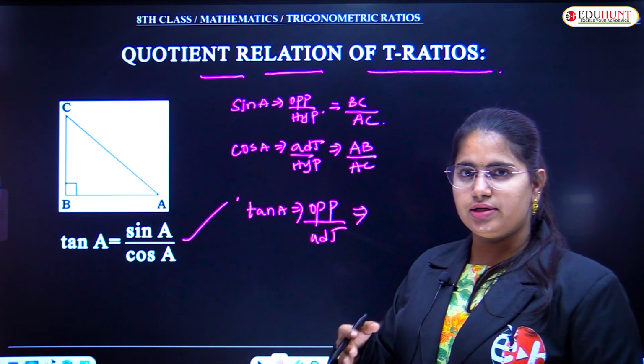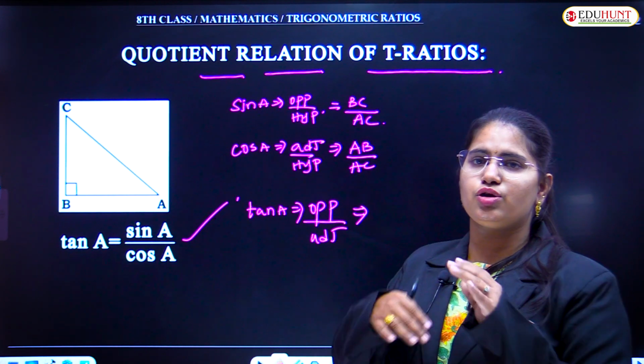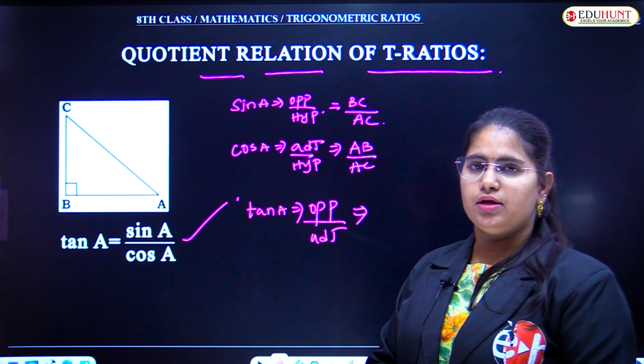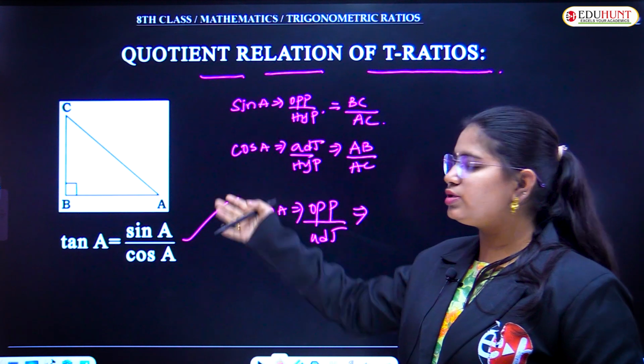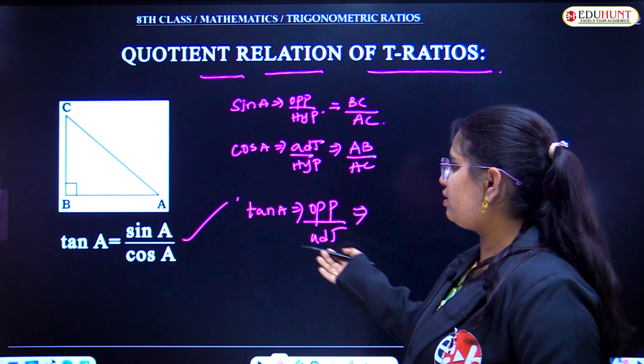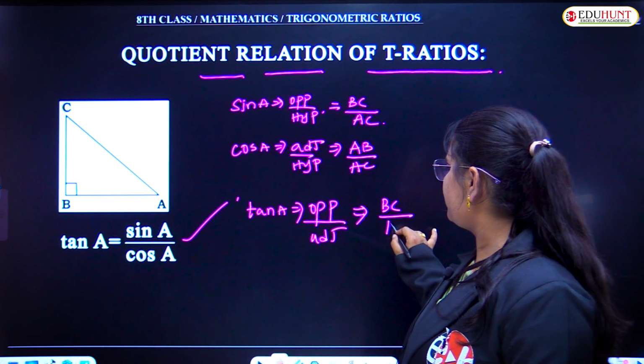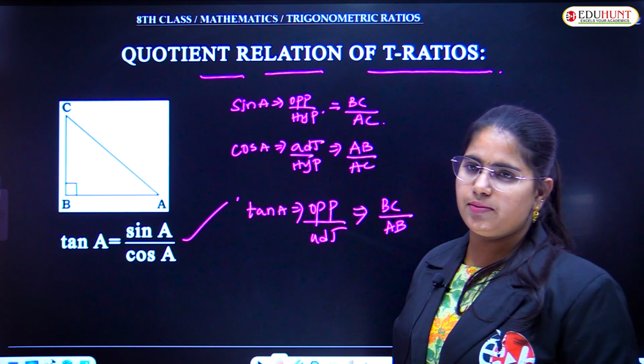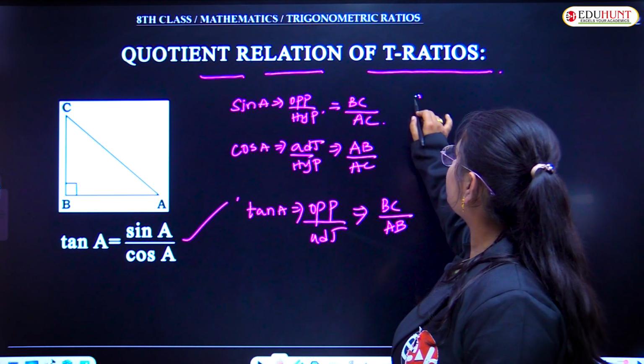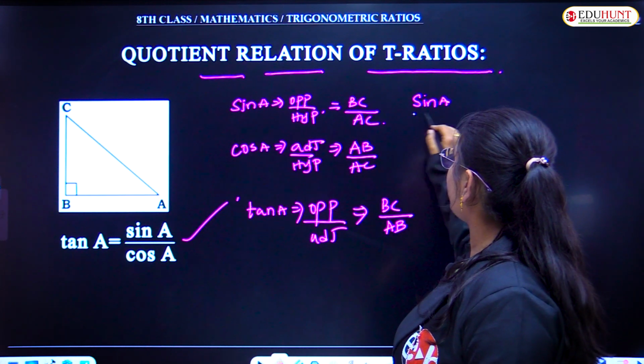So tan A is the ratio of opposite side to adjacent side. Clear? What is the opposite side from the figure? Opposite side is BC and adjacent side is AB. Correct? BC by AB.